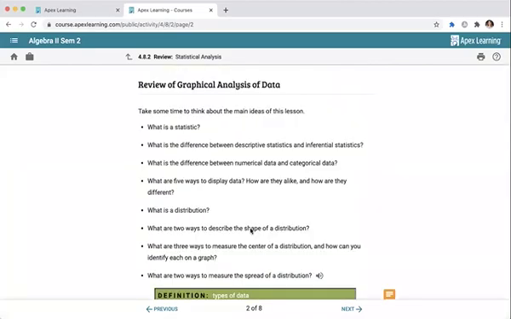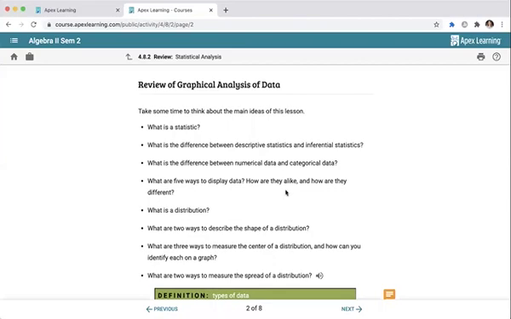And obviously there are basically 7 pages, right? Each page belongs to a different lesson throughout the unit. So if you're confused on something on this page, you go back to the lesson that it corresponds to. All right. So basically, we started off with a review of graphical analysis of data, and they call it a review, but if this was your first time, then it was obviously an introduction to graphical analysis.